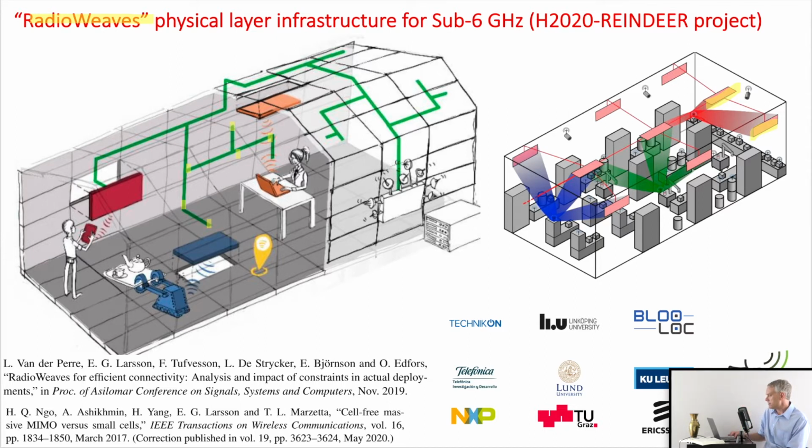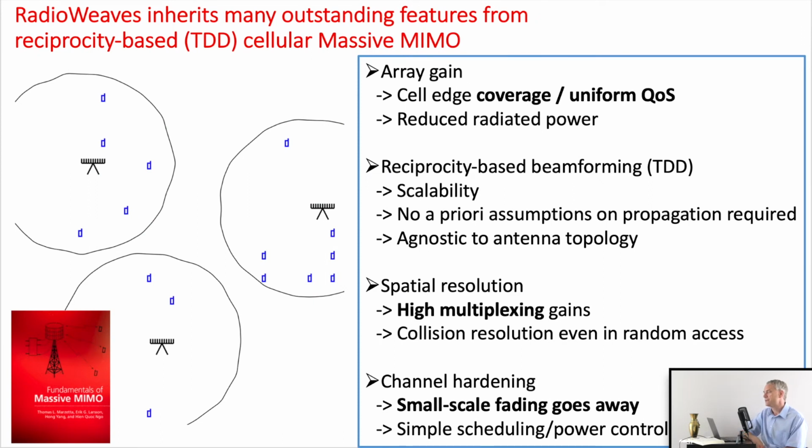Okay, so radio weaves inherits a lot of the features that made cellular massive MIMO so successful. Specifically in cellular massive MIMO, we had cells, and each cell was served by a base station or an access point that comprised an array of co-located antennas.